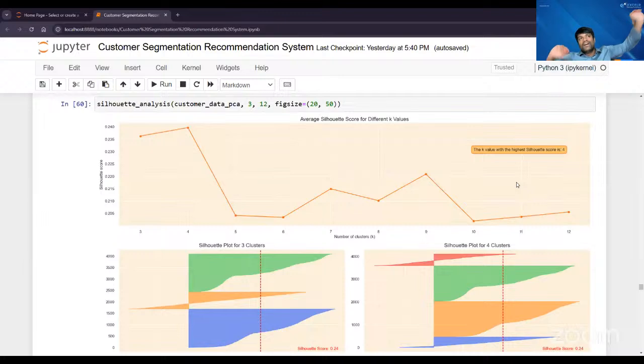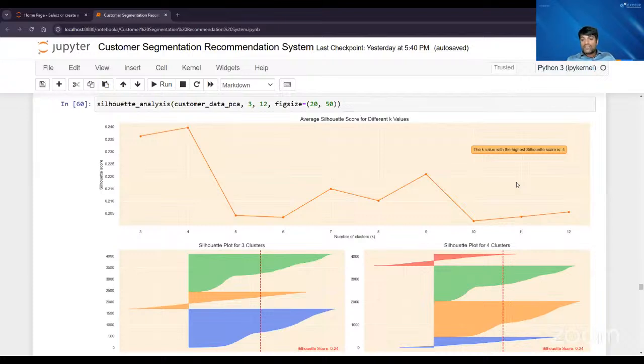See, the elbow method shows where the graph dips. The drastic dip is basically your ideal number of clusters. But the Silhouette score shows you where in the graph there is a highest point.